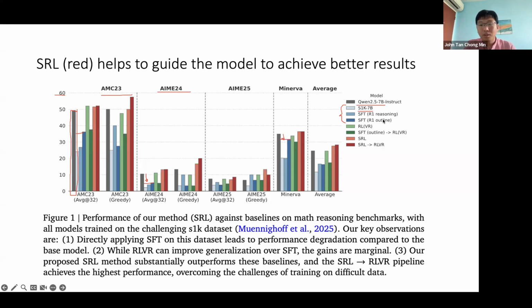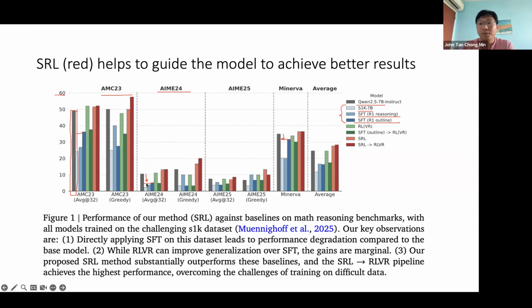Even with supervised fine-tuning with reasoning, you still see a drop in performance, which means that just by learning from reasoning traces alone, you overfit to the reasoning traces, and sometimes you use the wrong reasoning trace for something else.